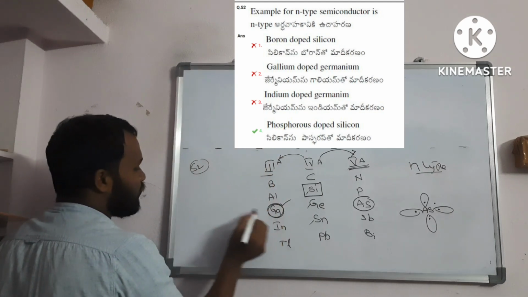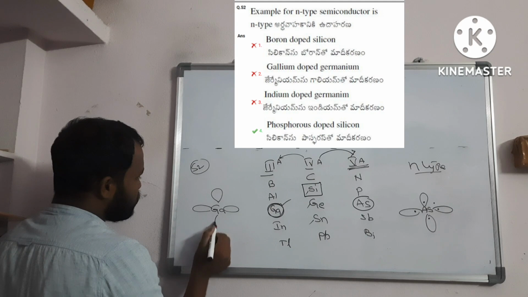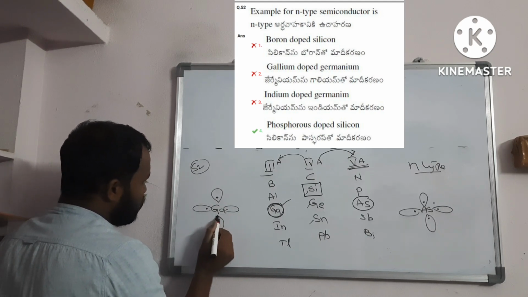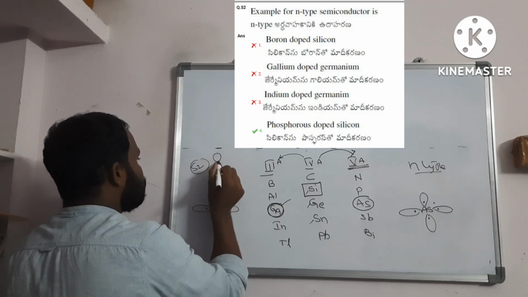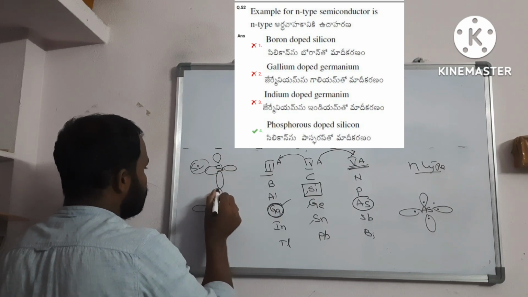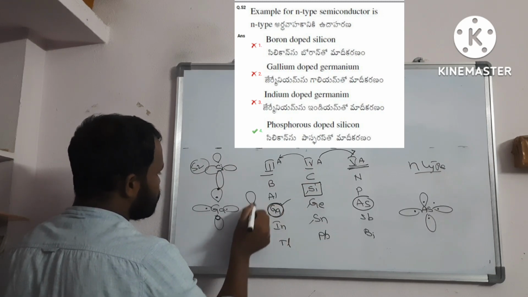For gallium, how many valence electrons? 3. 1, 2, 3, so 1 is the hole. Silicon, to form the bond, silicon valence is 4, right?